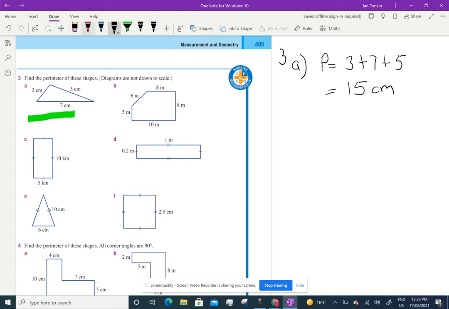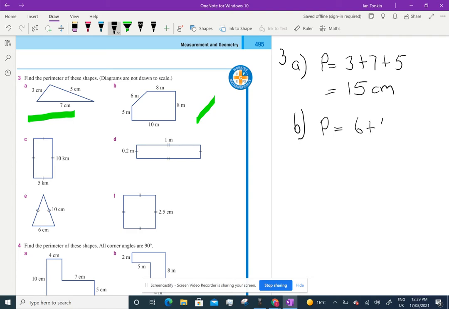Now, this is a rectilinear figure. It's got straight edges and 90 degrees, even though the first one was a triangle. So let's go 3B. See if you can do it before me. Perimeter equals, and just start at one point and start adding up.